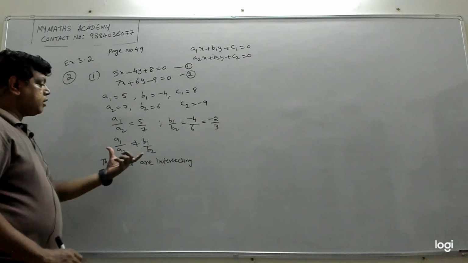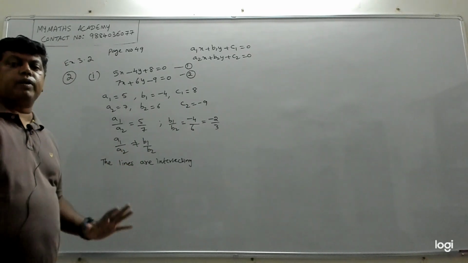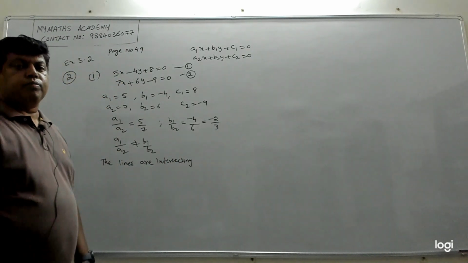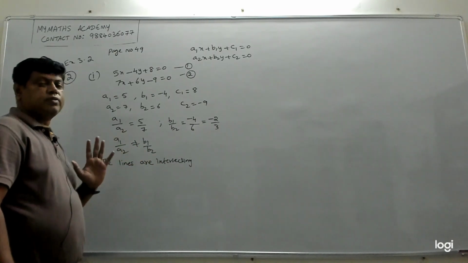So based on the ratio conditions, we can say whether the lines are intersecting, parallel or coincident. Here the lines are intersecting because this condition is satisfied.